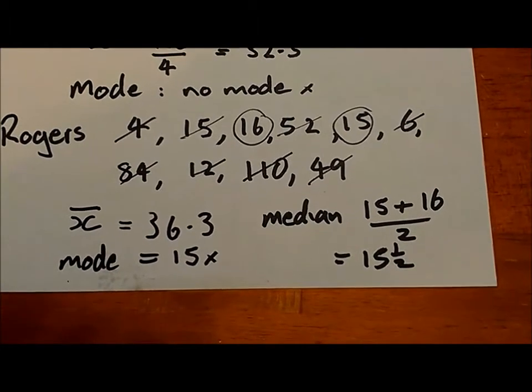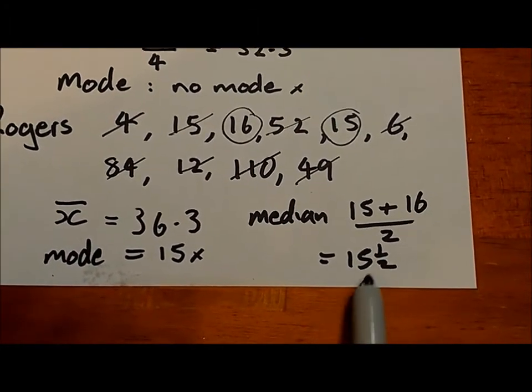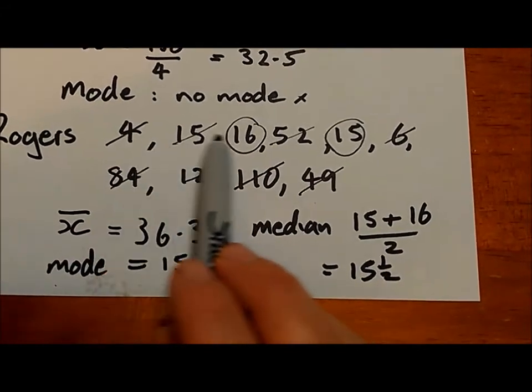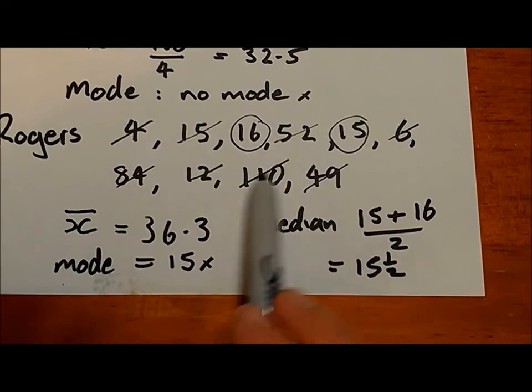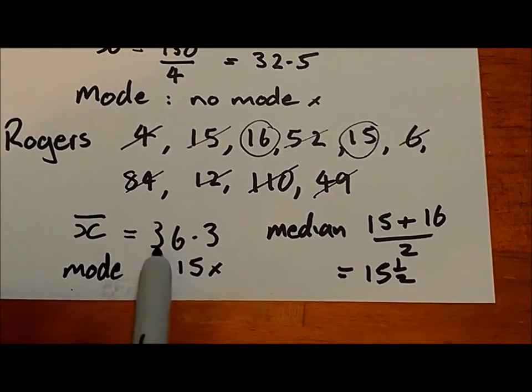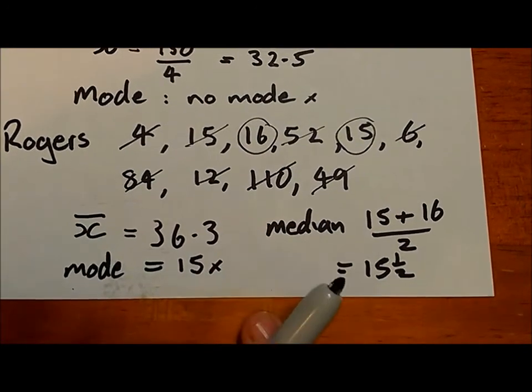Probably for someone like Chris Rogers, it's not quite as good a measure. If you look at his median of 15.5, really he's got a few scores already much higher than 15.5. So I'm probably going to say his average of 36.3 is a better measure of his batting at this point.